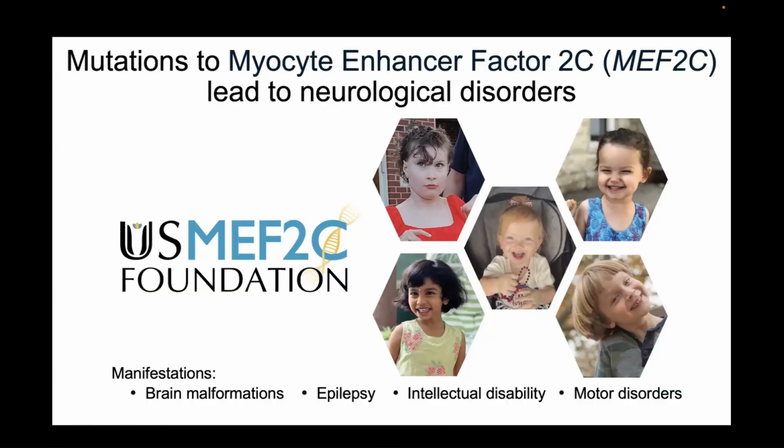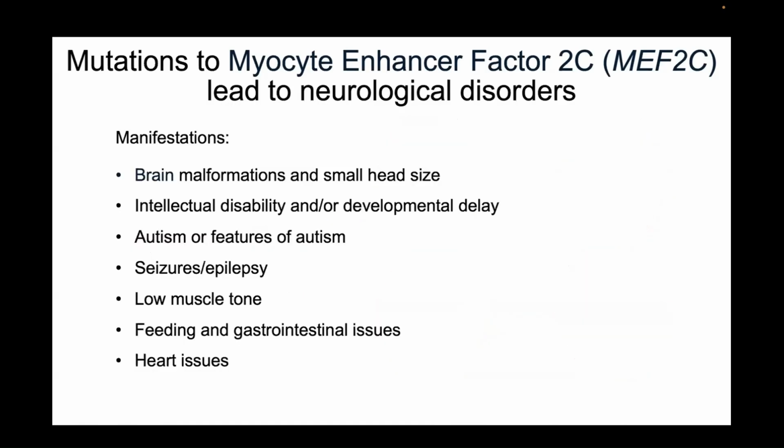the US MEF2C Foundation, and really get in while I'm beginning my own research in my lab, make this an important project and focus. So like KIF1A, we see time and again that different mutations that alter neurodevelopment give rise to a broad phenotypic spectrum of different clinical manifestations.